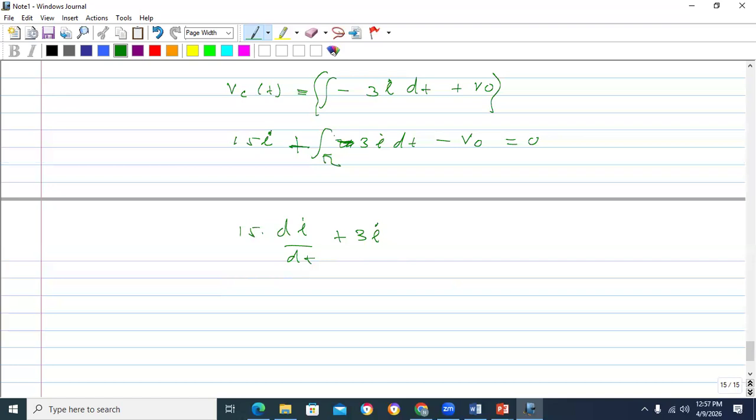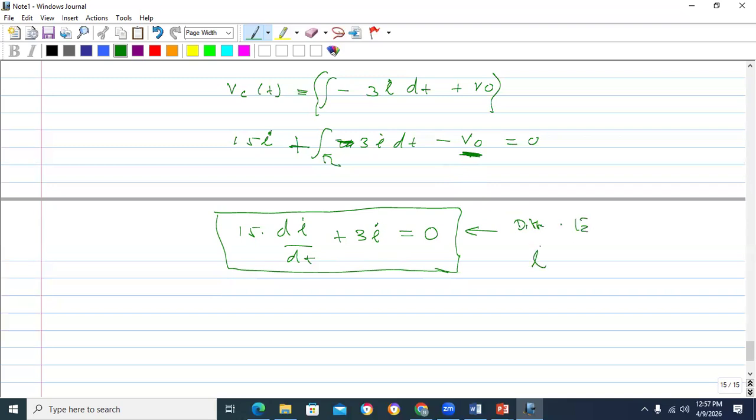The integration is cancelled, and this is a constant, so it will be 0, equal to 0. So this is the differential equation for finding I.